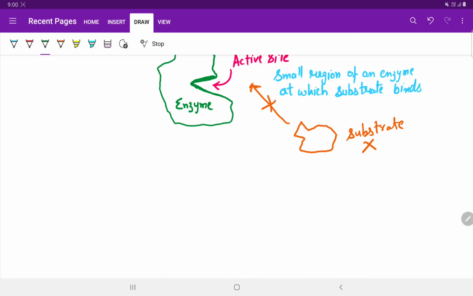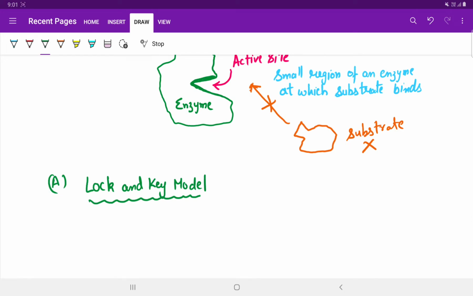The first theory is the lock and key model, a very common and familiar theory. We all know that for a particular lock there is only a specific key.